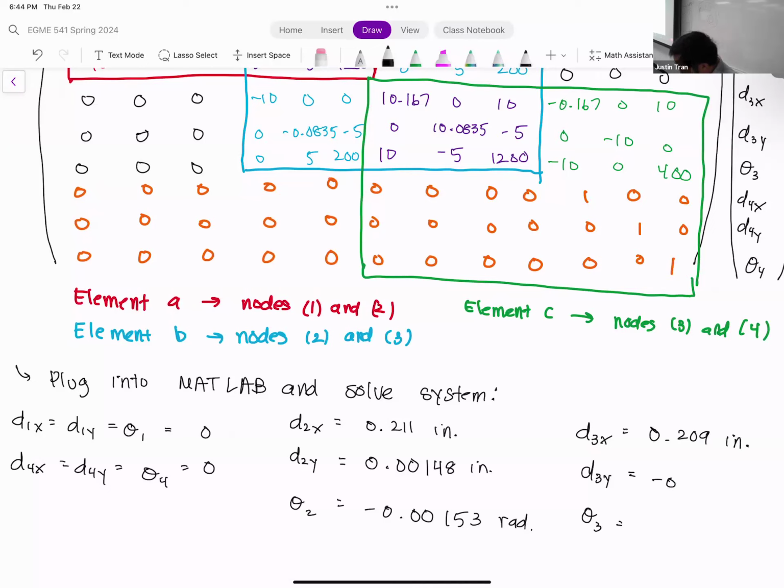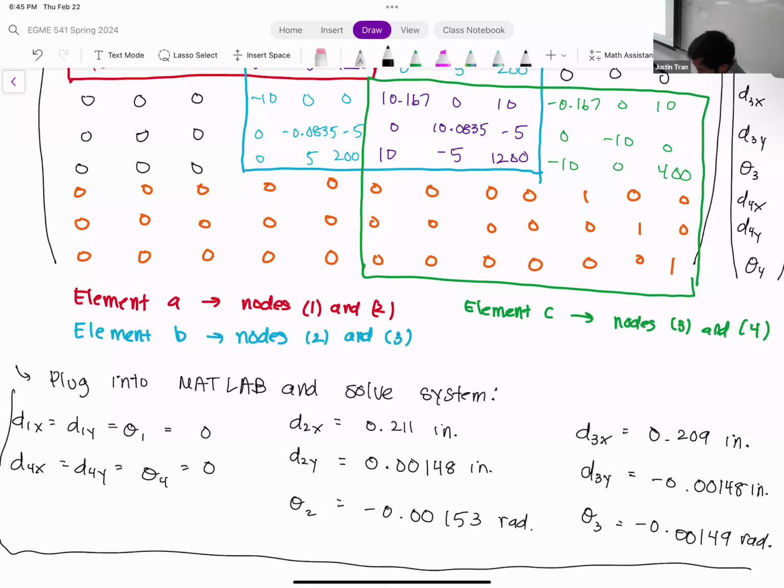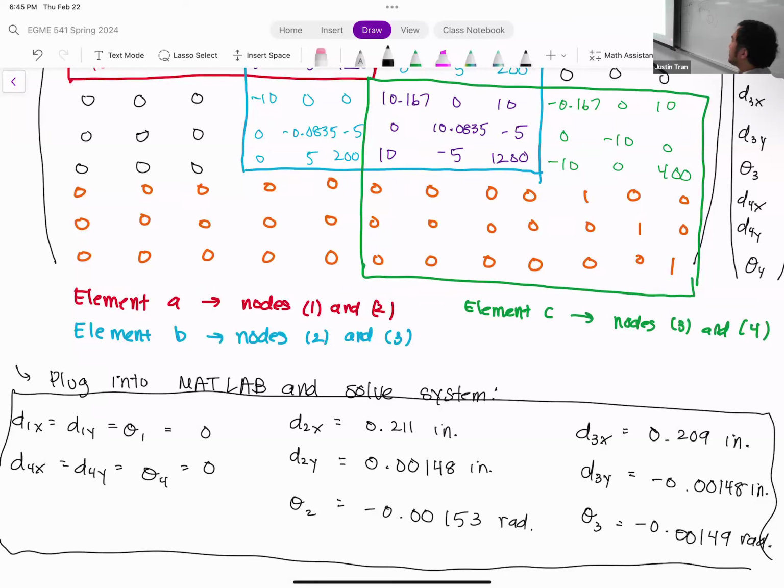D3y here is minus 0.00148 inches. And theta 3 here is a minus 0.00149 radians. And that is our solution to a very simple structure, but with lots and lots of writing and lots of matrices and vectors. Okay. All right, any final questions on this?